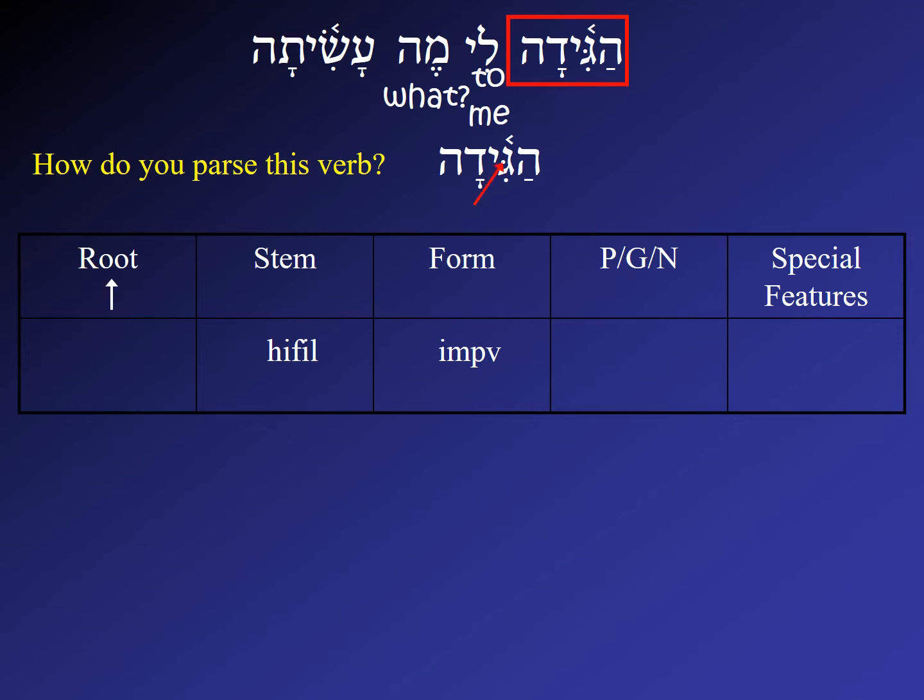The root, we can take note of this dagesh in the gimel, and this is an assimilated nun. So our root is nun gimel dalet, nagad. Person, gender, number in the imperative. Remember, we don't have person in the imperative. It's always second person. So this is the masculine singular imperative. And the special feature is this he on the end, which is the emphatic form. So hagida, which means tell.